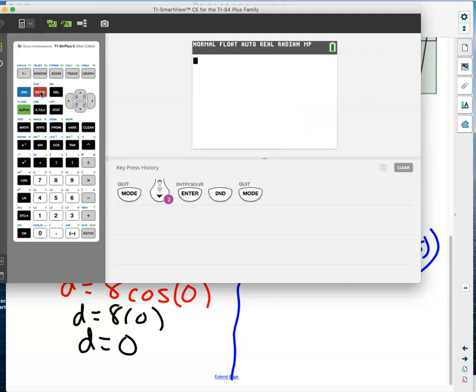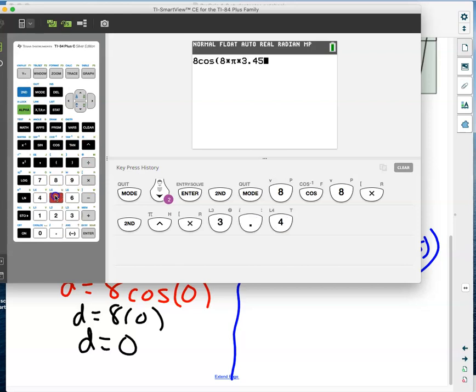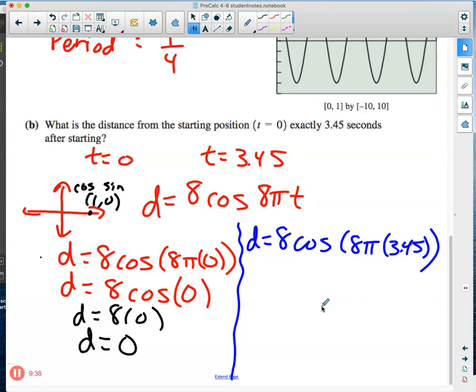And I'm going to punch in 8 cosine, and it's nice that those parentheses pop up because we've got a lot to put in there. We've got 8 times pi times 3.45. And we get about 2.472 for that distance.